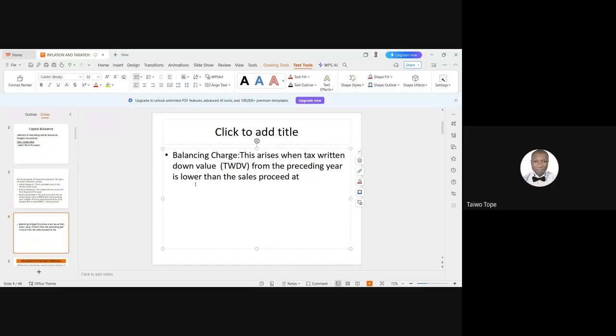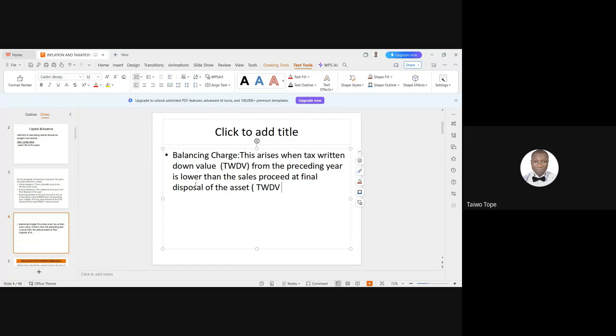It's lower than the sales proceed at final disposal of the assets. So in this case, it will be in what form?